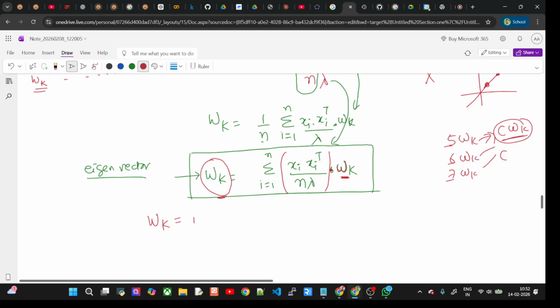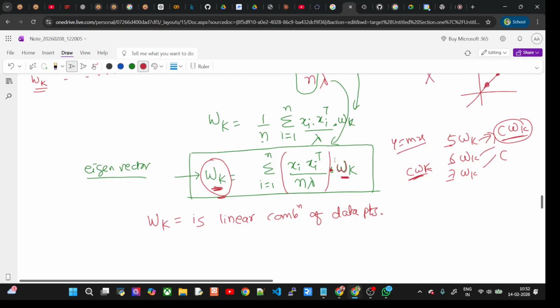So wk is a linear combination of data points. What does linear combination mean? c into wk is a linear combination, like y equal to mx. So this wk is a linear combination of the data points.